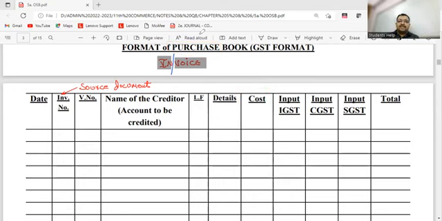How to record it? मैं एक छोटा सा एग्जाम्पल आपको शो कर देता हूं. I want people to copy this. Suppose the date is 10th July 2022, children. Invoice number is 425. Name of the creditor is, say, children, X and company. We bought 200 shirts at the rate of 80 each, and let us say 100 trousers, children.